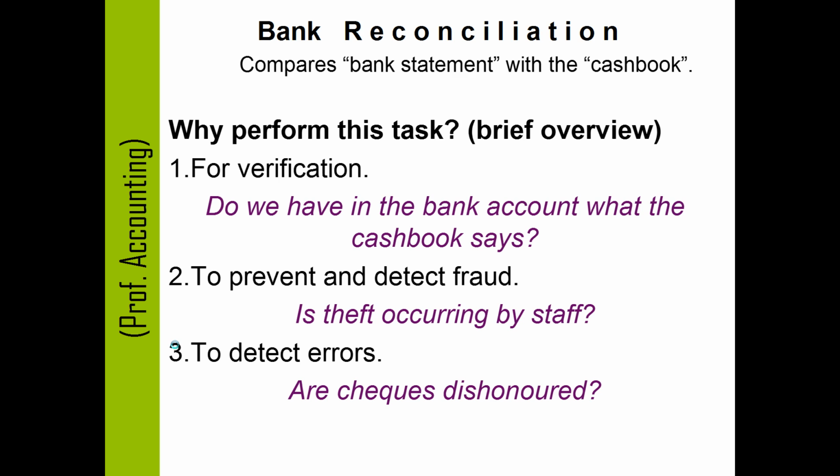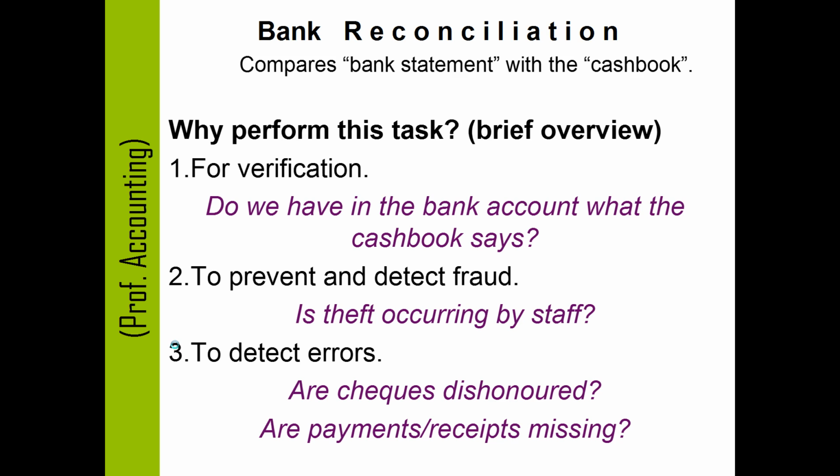Did transactions that have occurred get recorded, or not? If a transaction has taken place and a payment or a receipt has been missing, then that is going to give an imbalance between the bank account value of bank money and what we say we have in our bank. Okay, so that's a short overview as to why we perform this topic.